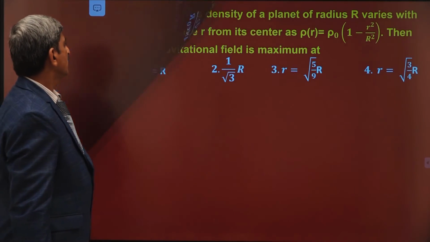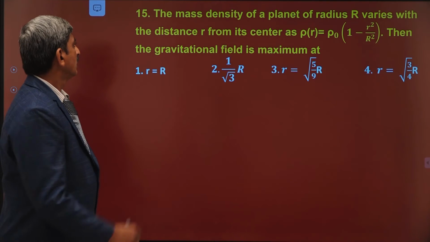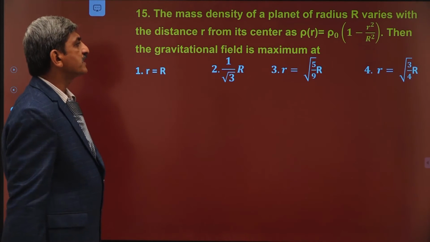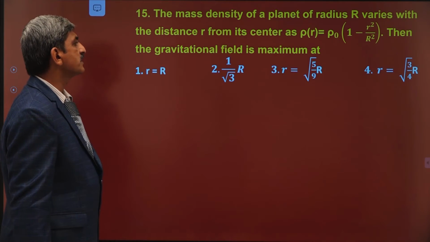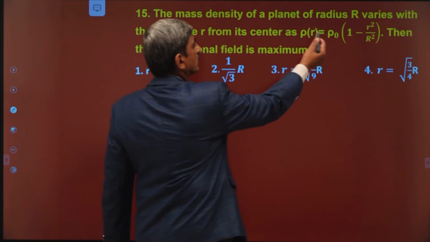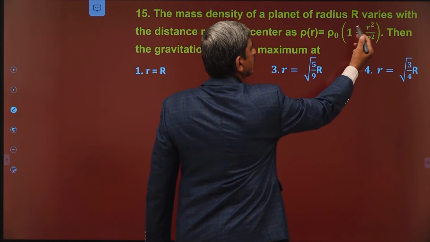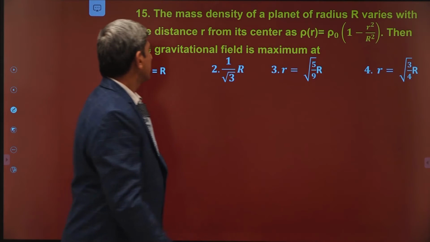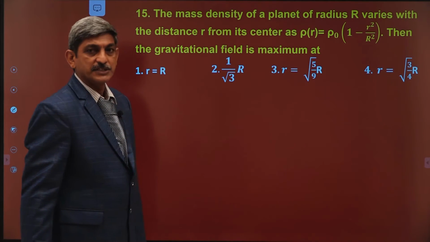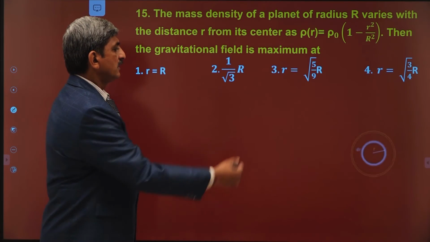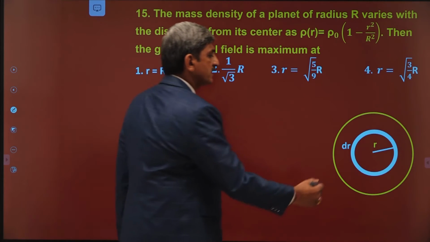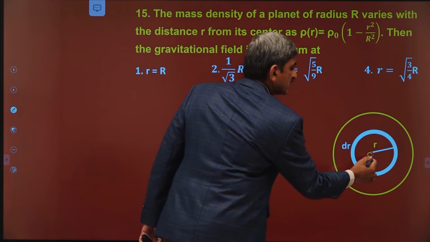Next, come to another problem. The mass density of a planet of radius R varies with the distance r from its center as rho of r equals rho naught times 1 minus r square by R square. Then the gravitational field is maximum at dash. Here, let us assume the planet, and let O be the center.